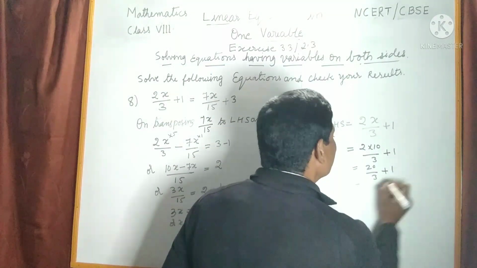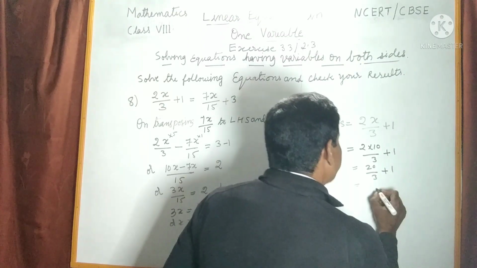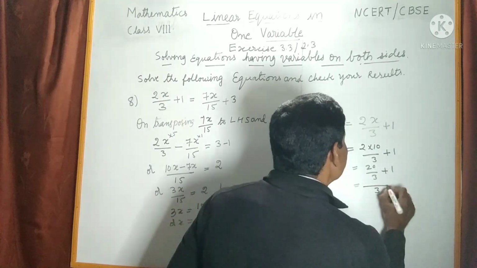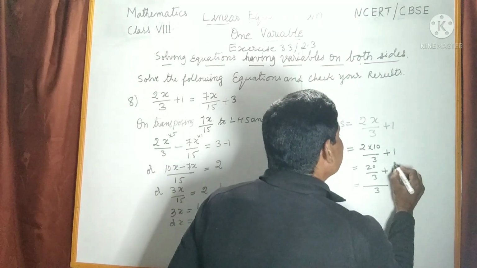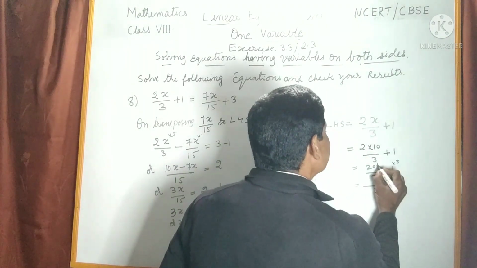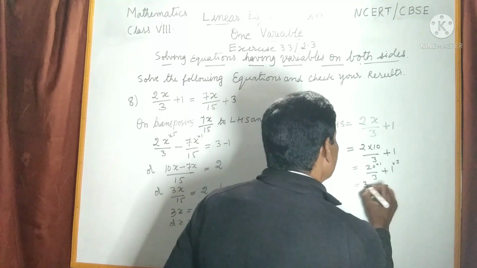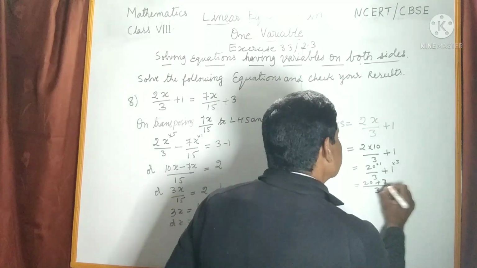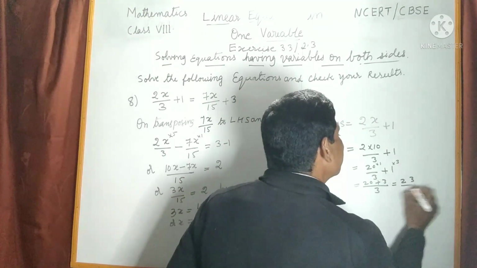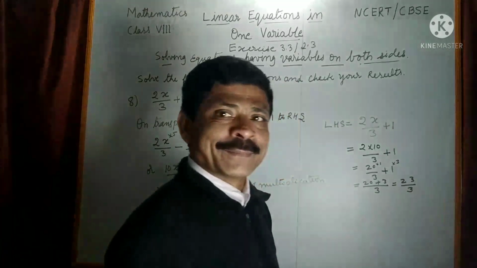Now let us take 3 as LCM. 1 times 3 is 3 and 3 times 1 is 3. That means 20 plus 3 is equal to 23 by 3.